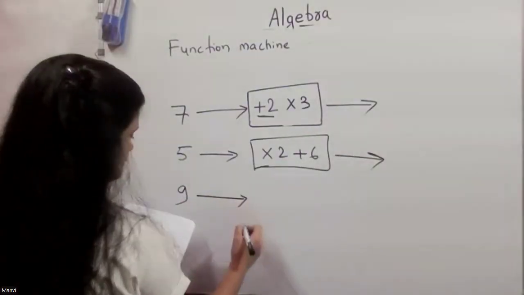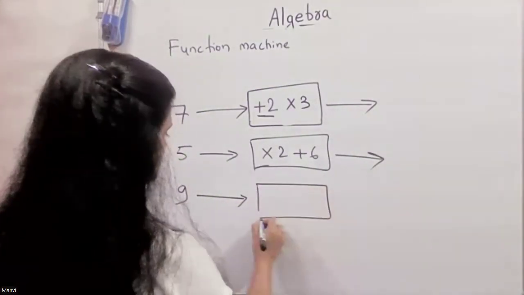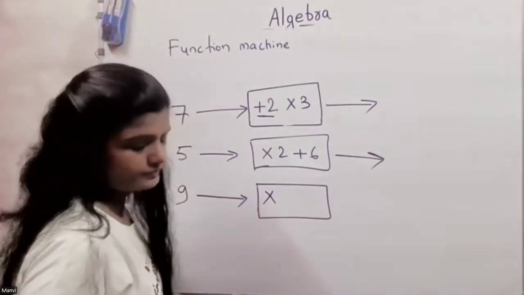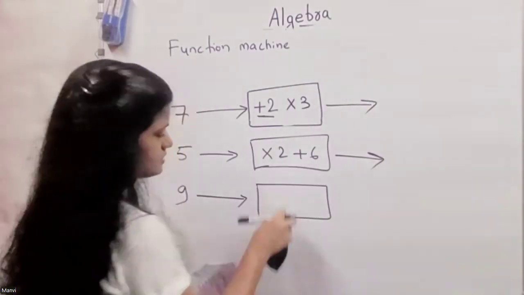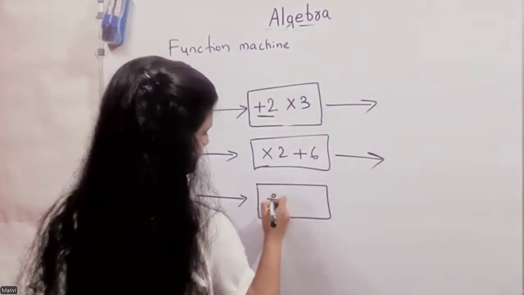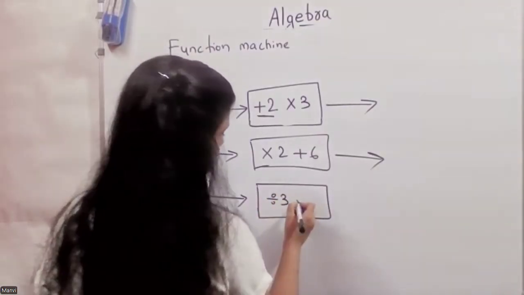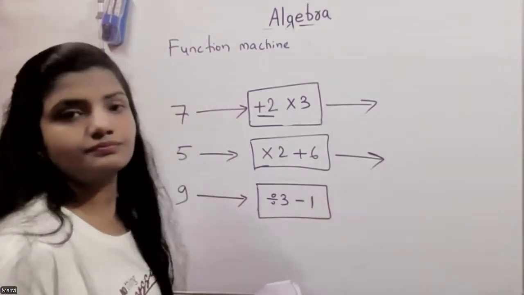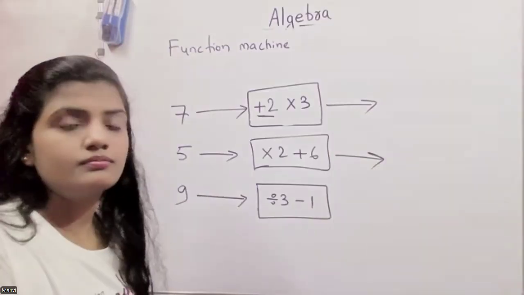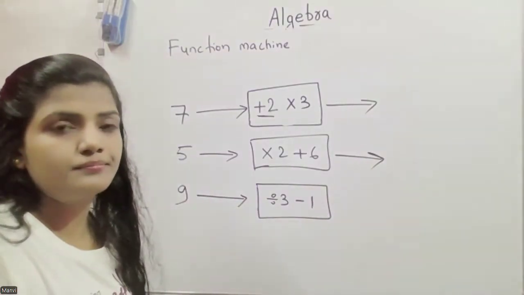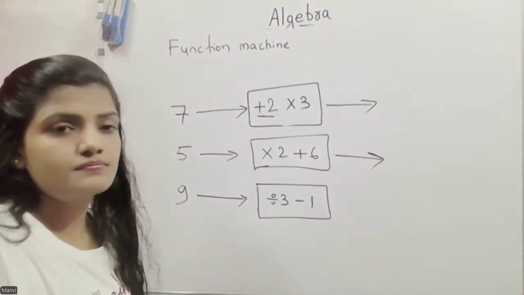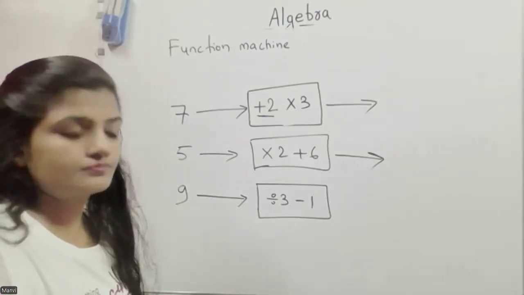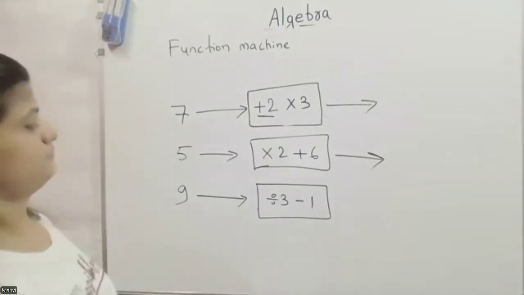Now 9 goes inside, and what the machine does is first divide by 3, and then subtract 1. 9 divided by 3 is 3, 3 minus 1 is 2.